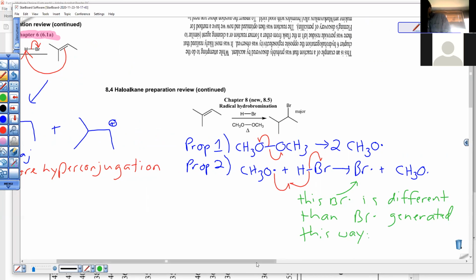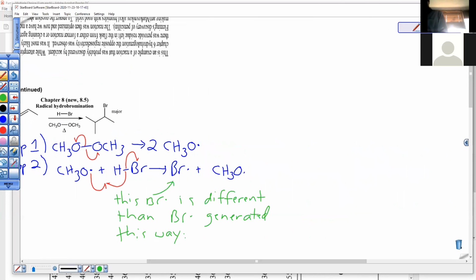So we generated Br dot before. We had a carbon, like bromine attached to bromine, plus a carbon radical, good generic carbon radical here. And they hooked up. This was P2 from before, previous P2. And you also generate bromine radical.